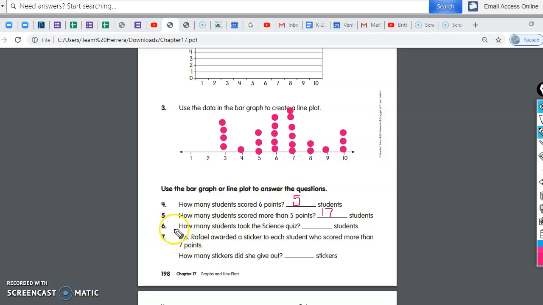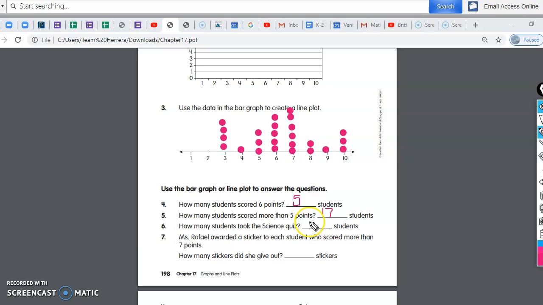So number 6, it says how many students took the science quiz? Well, I could do the strategy of counting each of those, or again, I could add each of them together. So 4 plus 1 is 5, 5 plus 3 is 8, 8 plus 5 is 13, 13 plus 6 is 19, plus 2 is 21, plus 1 is 22, plus 3 is 25.